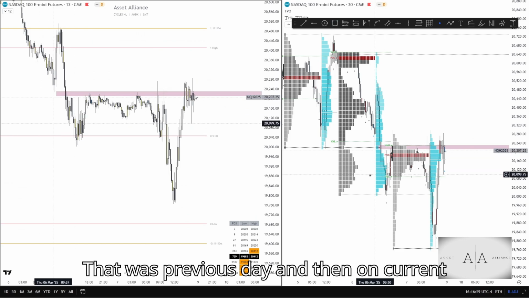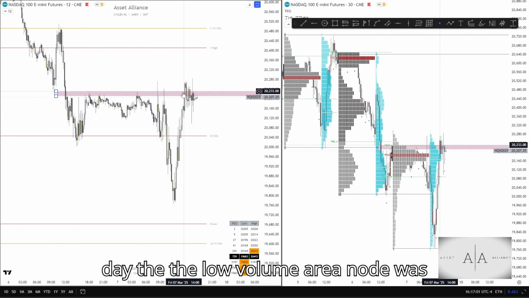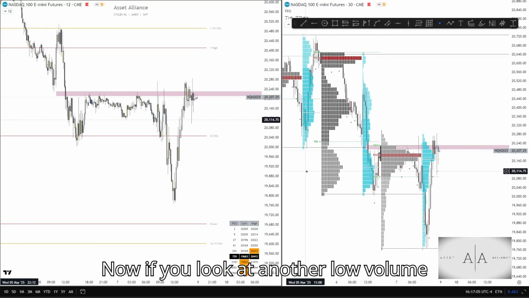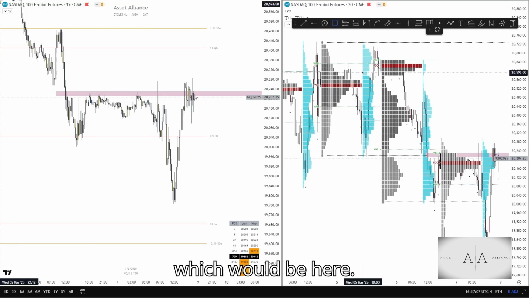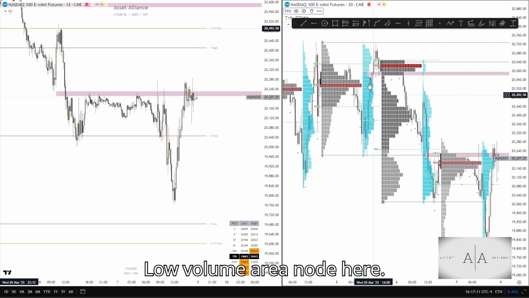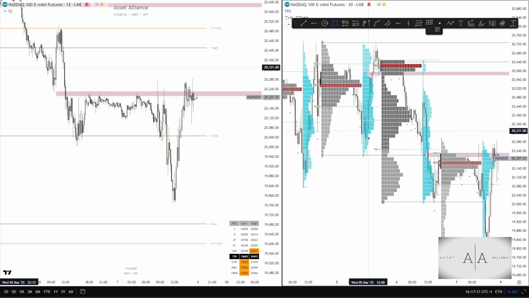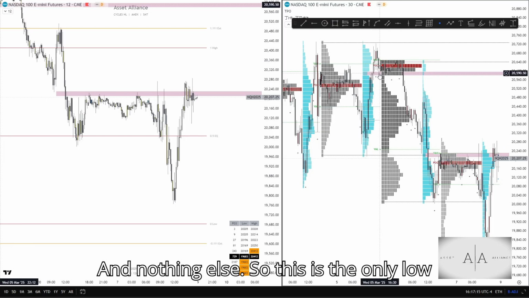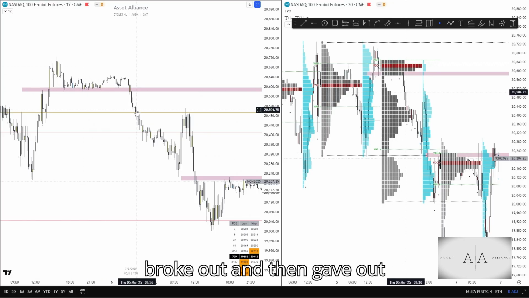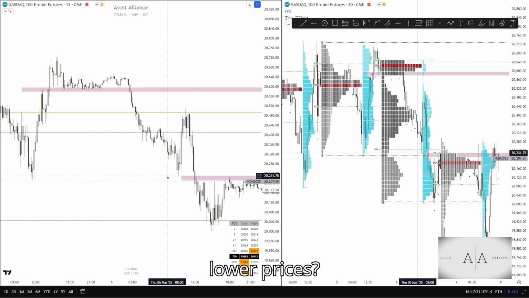That was previous day, and then on current day the low volume area node was respected. Now if we look at another low volume area node here, and nothing else, this is the only low volume area node. It broke out and then gave out lower prices.